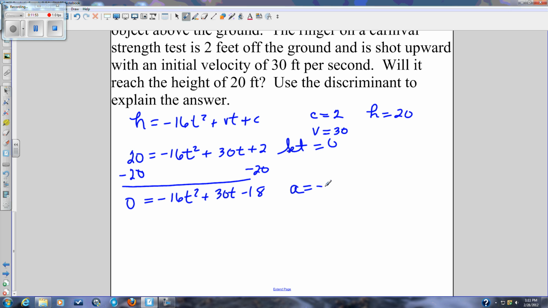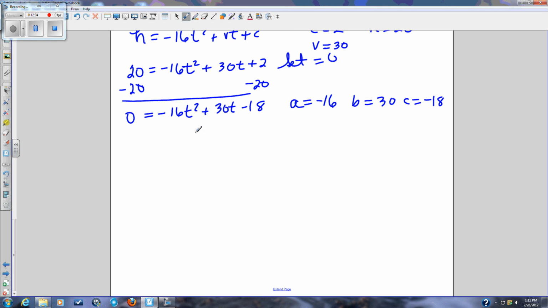A is negative 16, b is 30, c is negative 18. Now we're going to take all of that and plug it into our discriminant. Now, the results of the discriminant are going to tell us whether we have no solutions, one solution, or two possible solutions. So let's go ahead and plug that in.